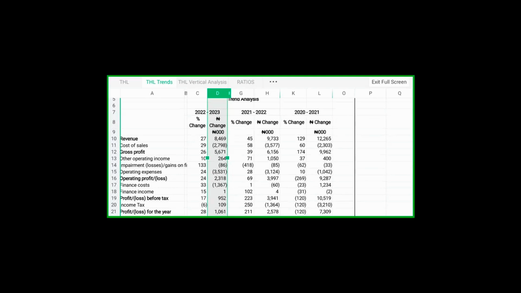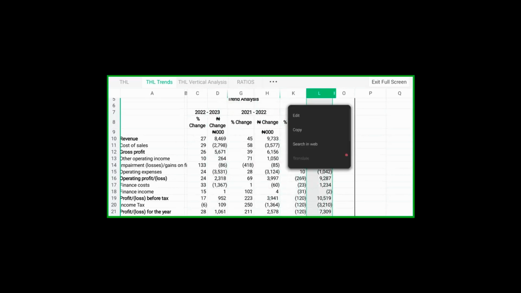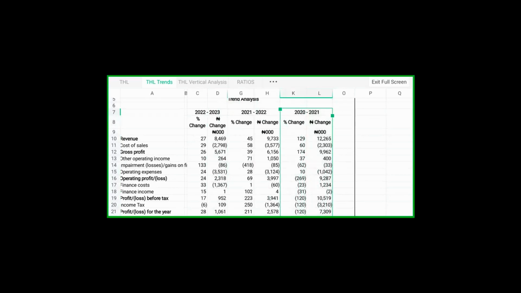So you can see the absolute change as well as the percentage change between 2020 and 2021, between 2021 and 2022, and between 2022 and 2023.